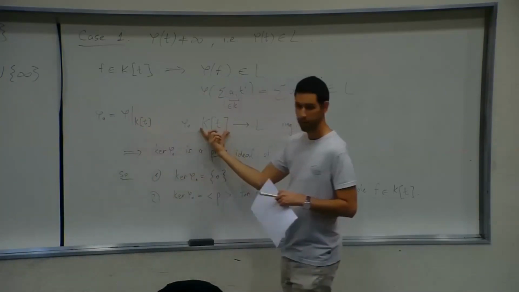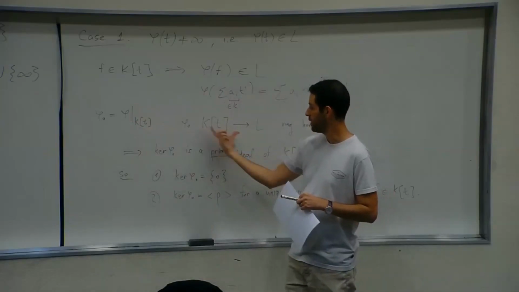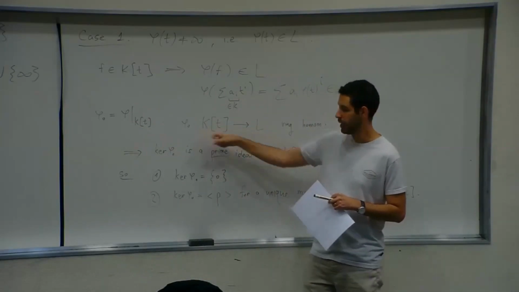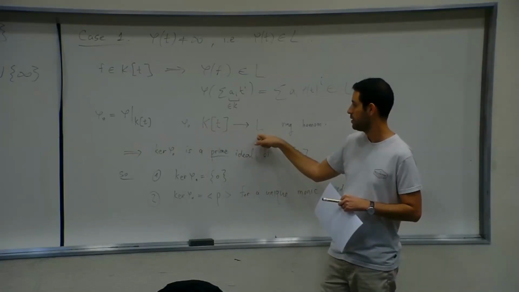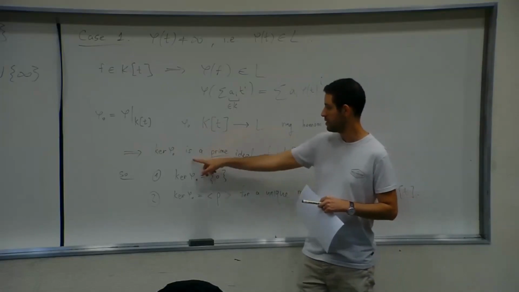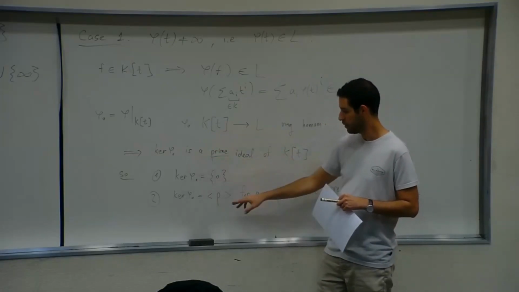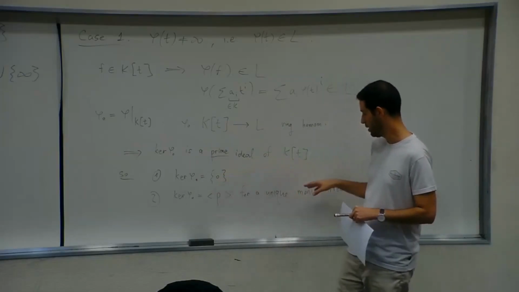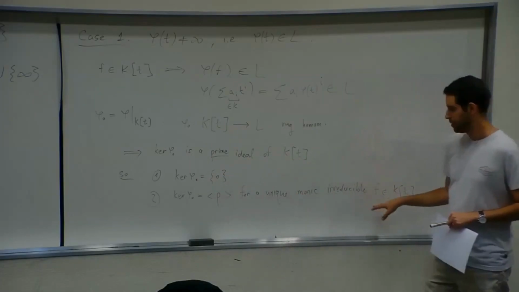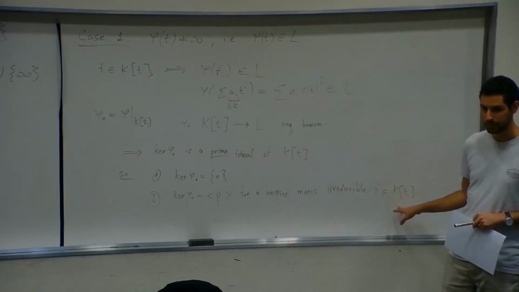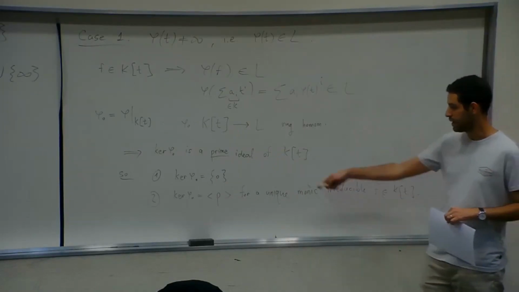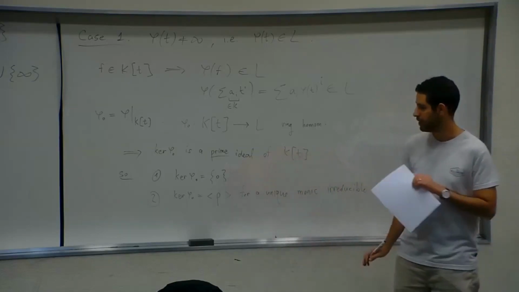Then the image of each polynomial is in L, so we get a ring homomorphism from K[T] to L. And the kernel is a prime ideal, so it's either 0 or the ideal generated by P, where P is some unique monic irreducible polynomial. This is because the prime ideals of polynomial rings are something we know.